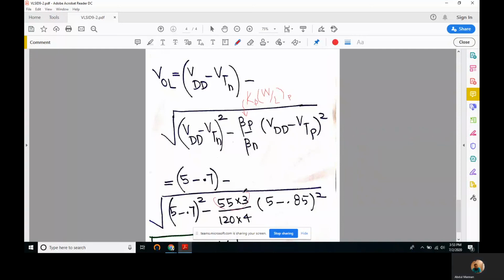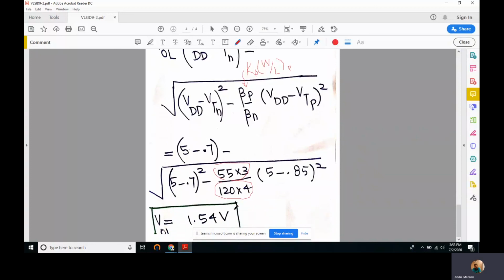We know kappa P, we know aspect ratio of P, it's given as 3. We know kappa n, we know aspect ratio of n. We put everything that we know, and VOL comes out to be 1.54 volts.